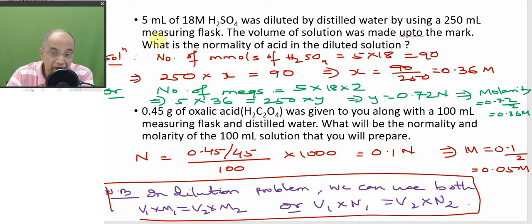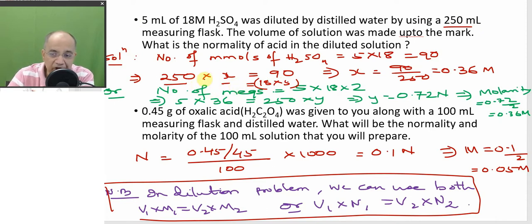So let's read out. 5 ml of this concentrated solution was diluted using 250 ml. So this is the final volume. So 250 into the molarity of the diluted solution is equal to 18 into 5, and 18 into 5 is 90. The number of moles will remain the same.